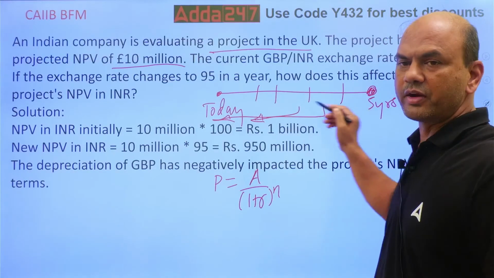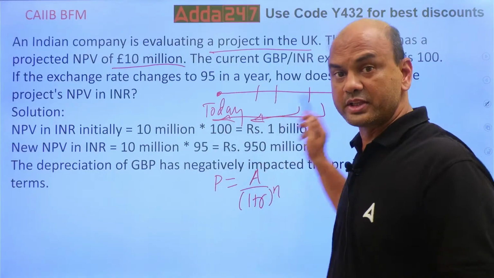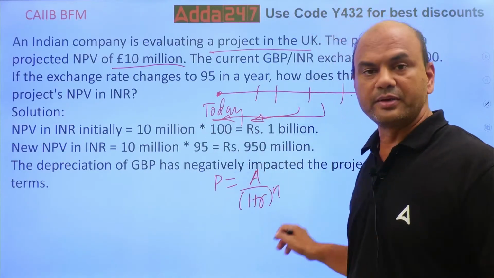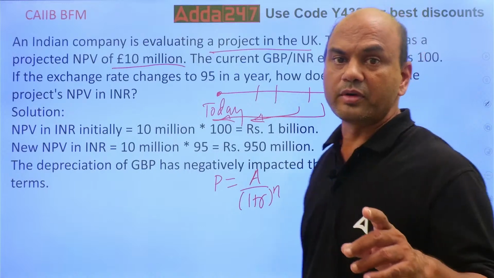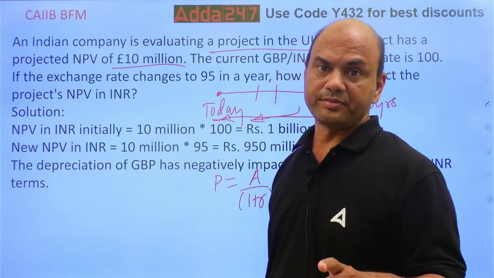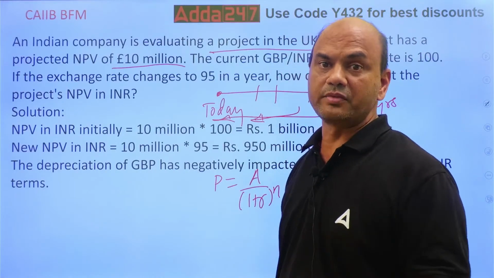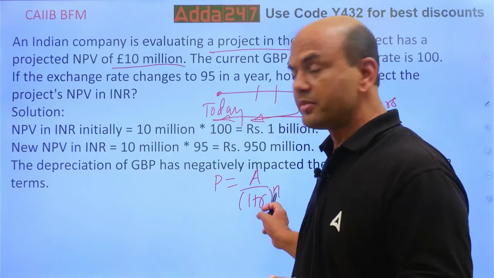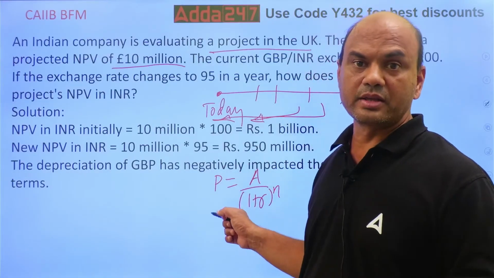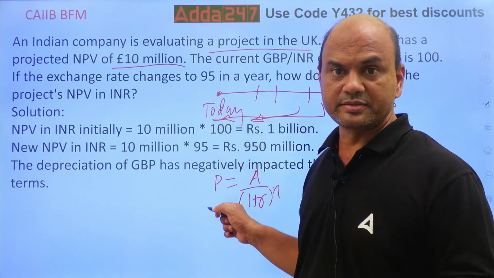If I have to bring this to present value for today, I will use this formula. I have taken numericals on this earlier, in many other videos, where I explained this.